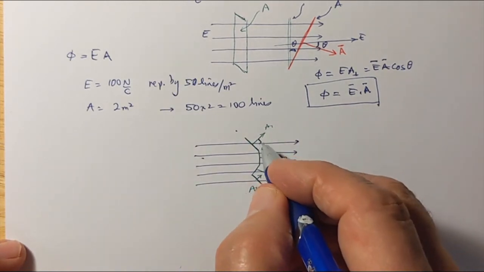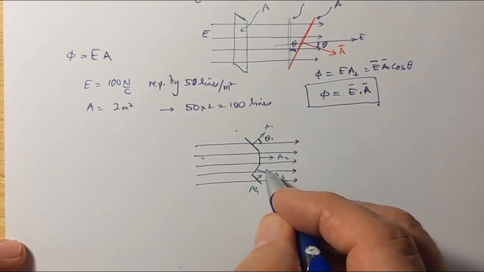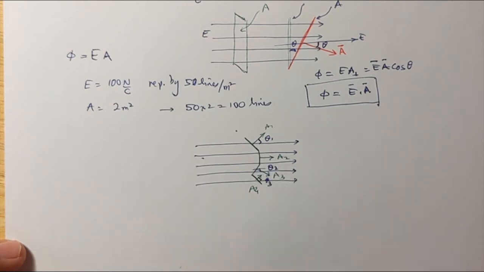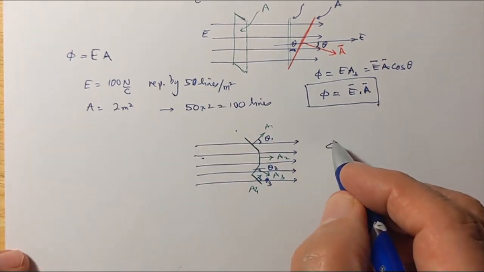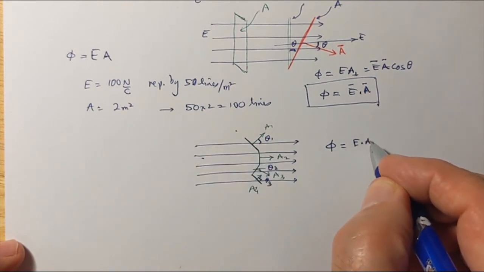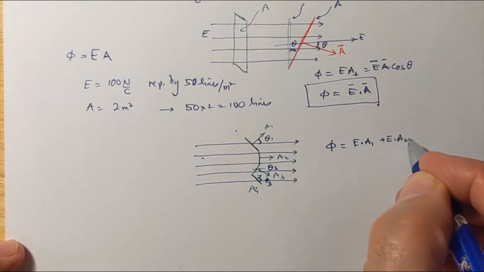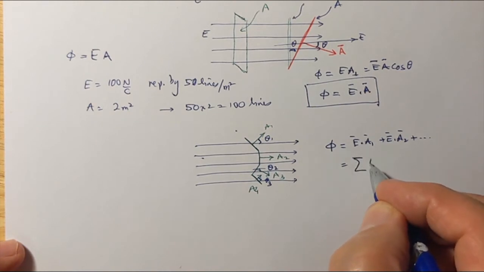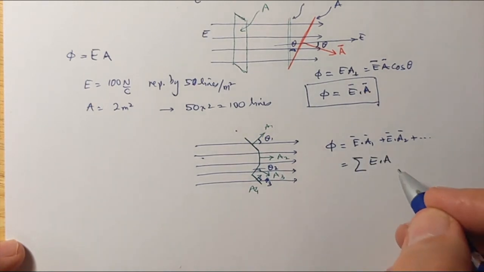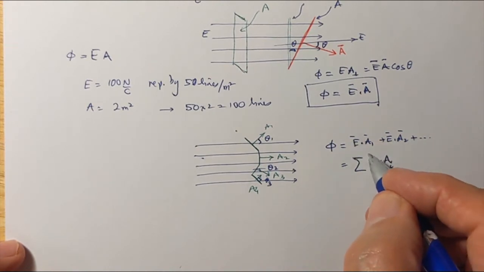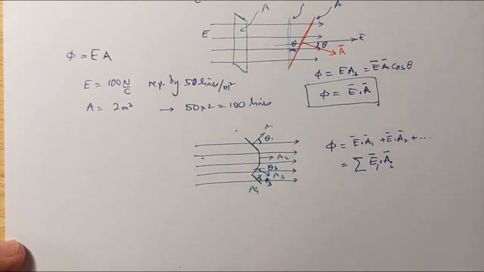Then this is our theta 1, and theta 2 is 0. This would be our theta 2, and this would be theta 3. And then our flux would be E, which is constant, dot A1, plus E dot A2, and so on, or it would simply be the sum of Ei dot Ai, if the areas are different. And this also includes the case where the electric field may be different at different places. If it's the same everywhere, we can take it outside.